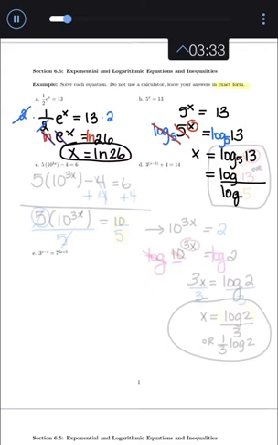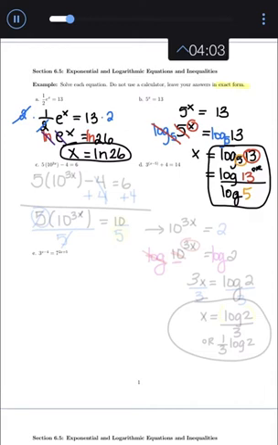Remember, the change of base formula says to put the base, the 5, on the bottom. And then the 13 would go on top. So if you were doing this in your calculator, you'd type in log 13 over log 5. Sometimes they'll be okay with the log base 5 of 13. Sometimes they'll want you to use the change of base. You need to read the problem.